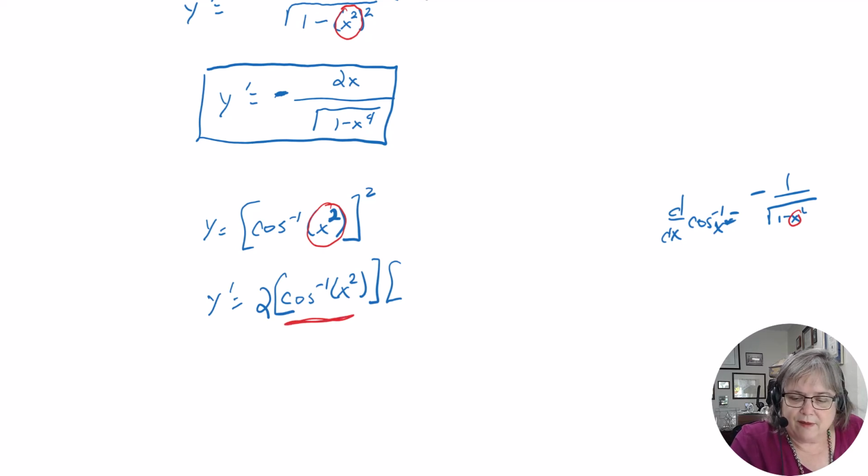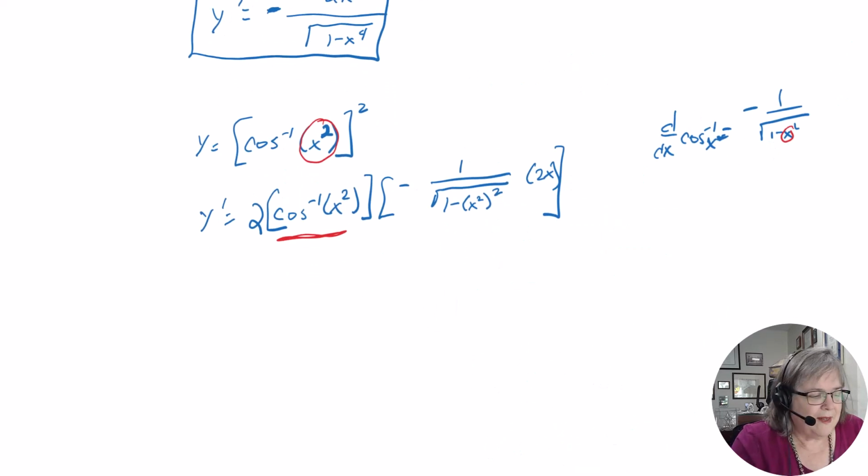So you would have this negative 1 over the square root of 1 minus whatever x is, which is this part, again, squared times 2x. Okay? You may need to watch that again, or maybe not.